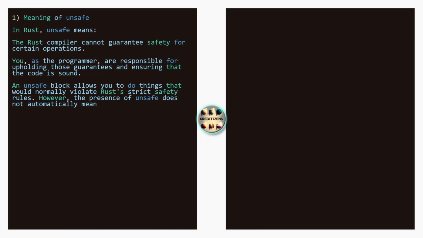An unsafe block allows you to do things that would normally violate Rust's strict safety rules. However, the presence of unsafe does not automatically mean that the code is dangerous, only that Rust is not enforcing certain safety checks, and you must take care to ensure that code is used correctly.